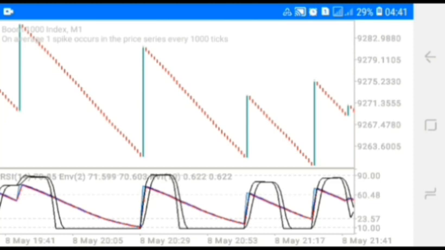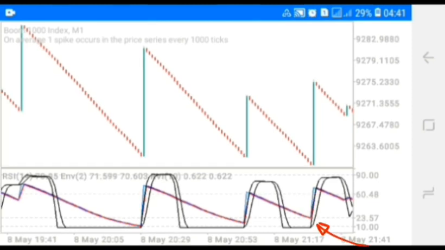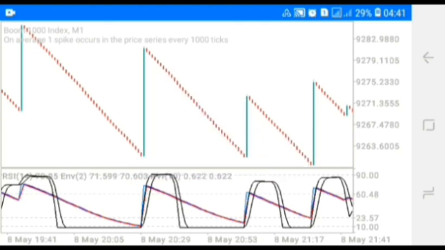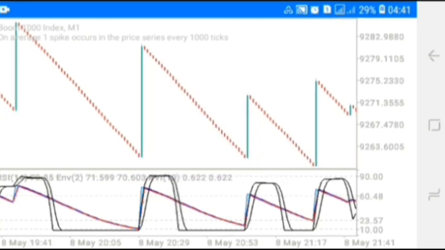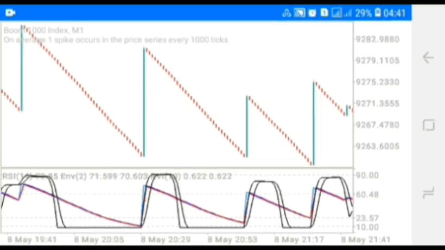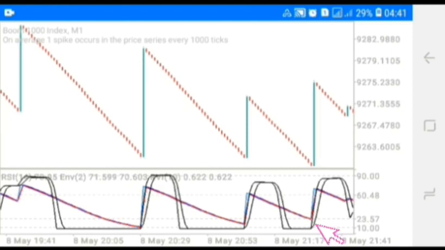As we could see over here, that's a false signal. But over here, did we come to the 10 level? No, we didn't. And did it go above the 60.48 level along with the blue and the red envelope? Yes, it did, but remember, it's a false signal again because it did not come to our 10 level to start a clear, nice signal.